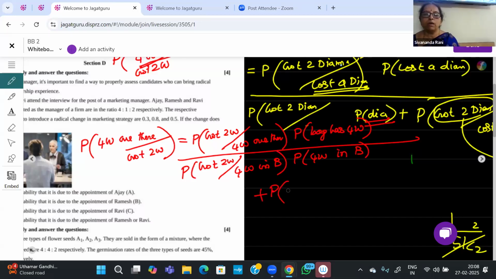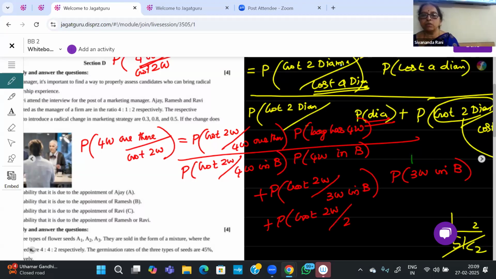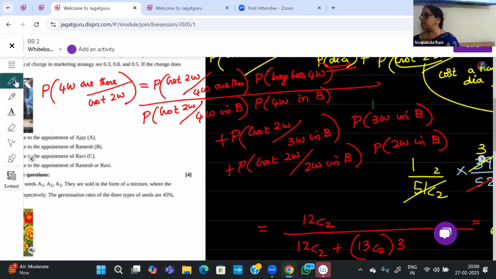Then, I got 2 white when there were 3 whites in the bag into probability of 3 whites in bag, plus I got 2 white when there were 2 whites in the bag into probability of 2 white in the bag. These are the exhaustive cases. I don't think there is any other possibility. Only Bayes theorem works in this case. It's not mere conditional probability that we can arrive at intuitively.